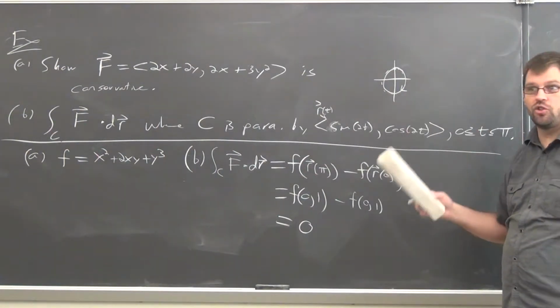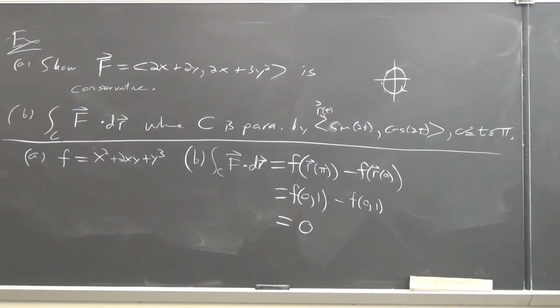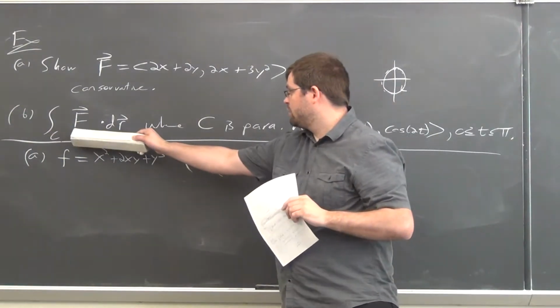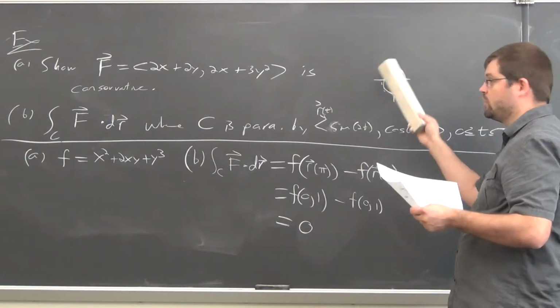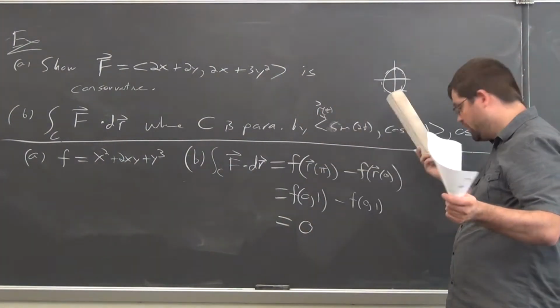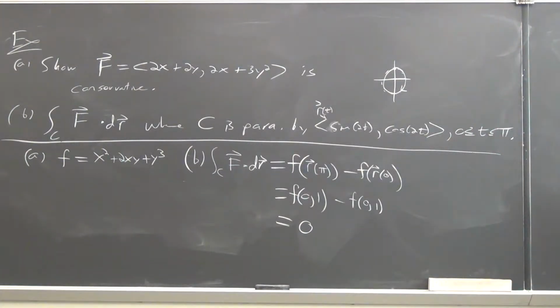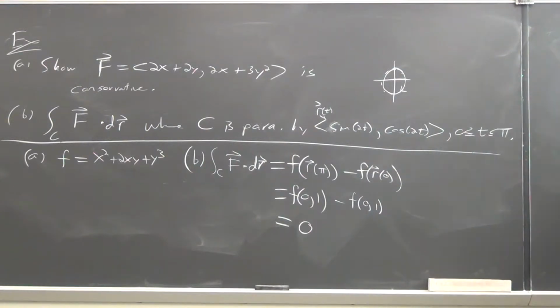There's two different answers you'd get for a lot of examples. If you go around something twice, you might add everything up twice, whereas that might not be what you want. Maybe you really are interested in just this, because when you say the line integral over C, the curve is just the circle, not twice around the circle. So you've got to be careful about what's being asked for. I don't know that that's going to come up very often, but anyway, be careful.